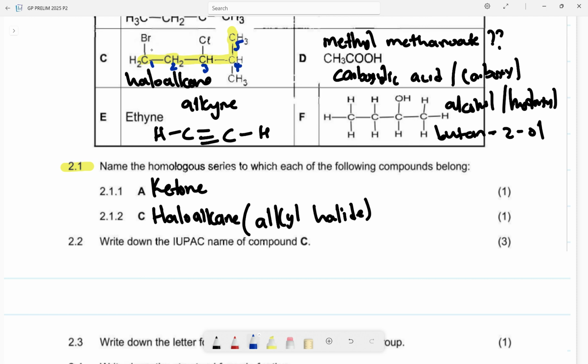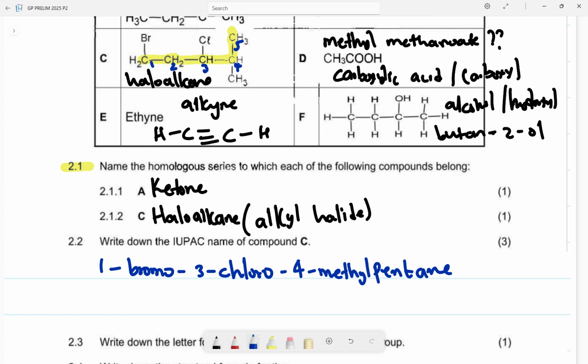If I do that, bromine is number 1, so I have 1-bromo, and chlorine is number 3, 3-chloro, and number 4 I have a methyl group. Can you see this is a substituent, that it does not form part of the longest chain? So 4-methyl, longest chain 1, 2, 3, 4, 5, methylpentane.